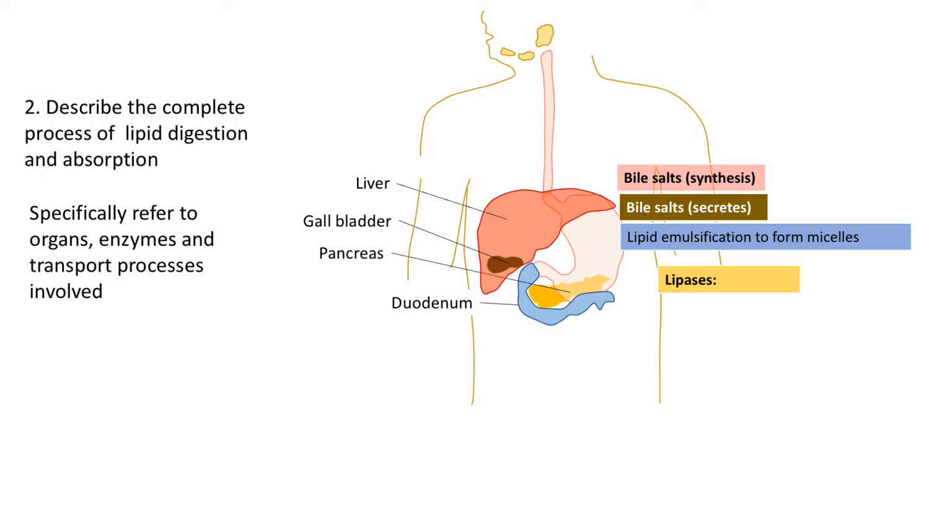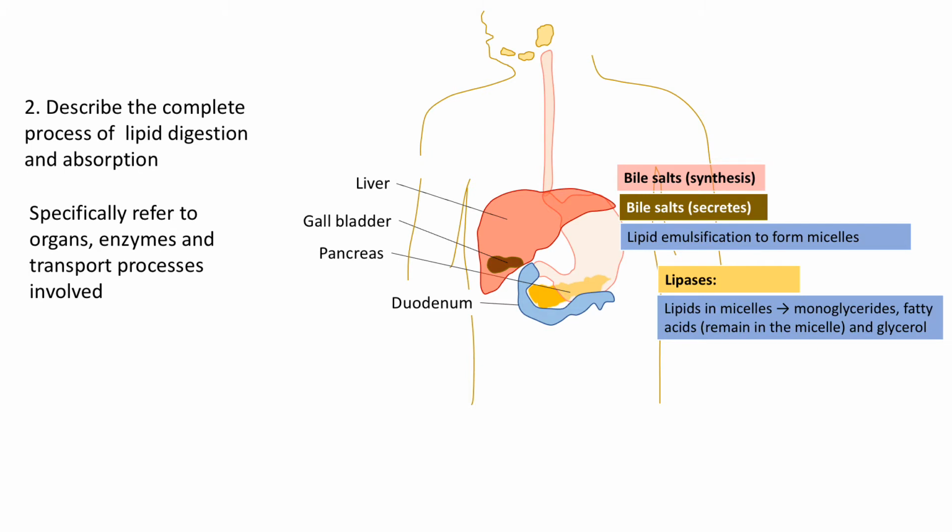So the bile salts, as we discussed, cause emulsification of lipid droplets to form micelles, and they provide a large surface area for the lipases to hydrolyze triglycerides to form monoglycerides and fatty acids, which remain in the micelle. Glycerol is obviously produced as well, but that's hydrophilic, it's water soluble, so that goes into solution.